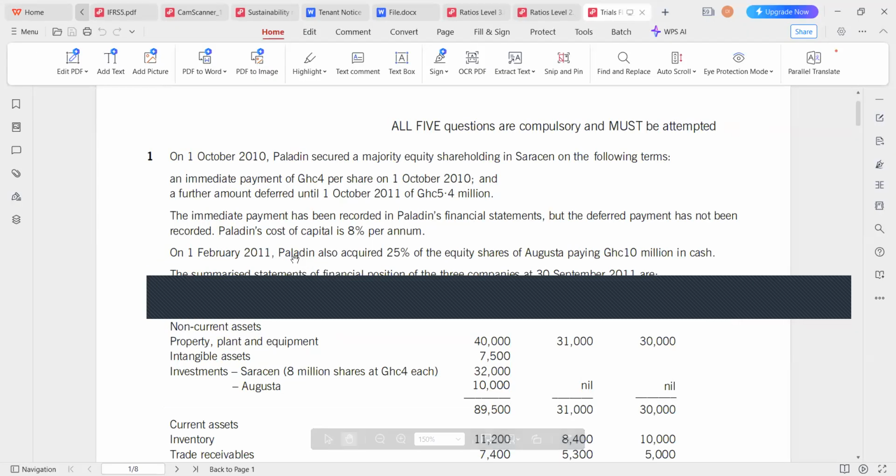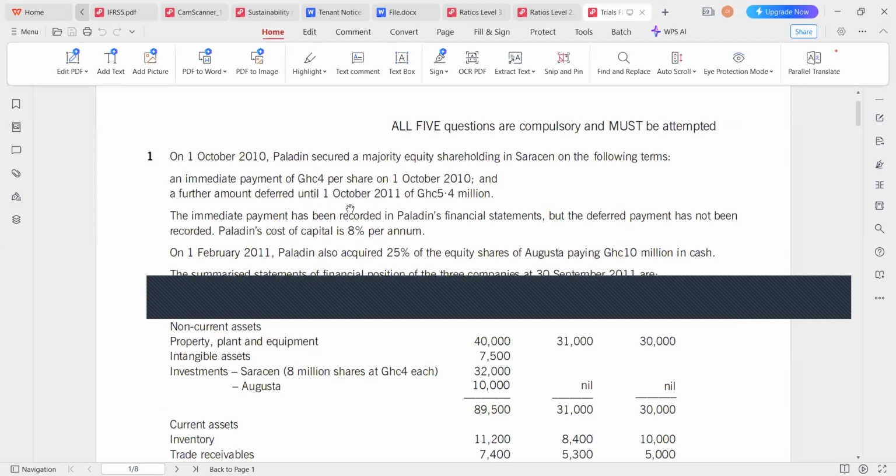Next, a further amount deferred until 2011, 5,400. We call it deferred consideration. Now the cost of capital is 8%, so here you find present value. When are they paying?